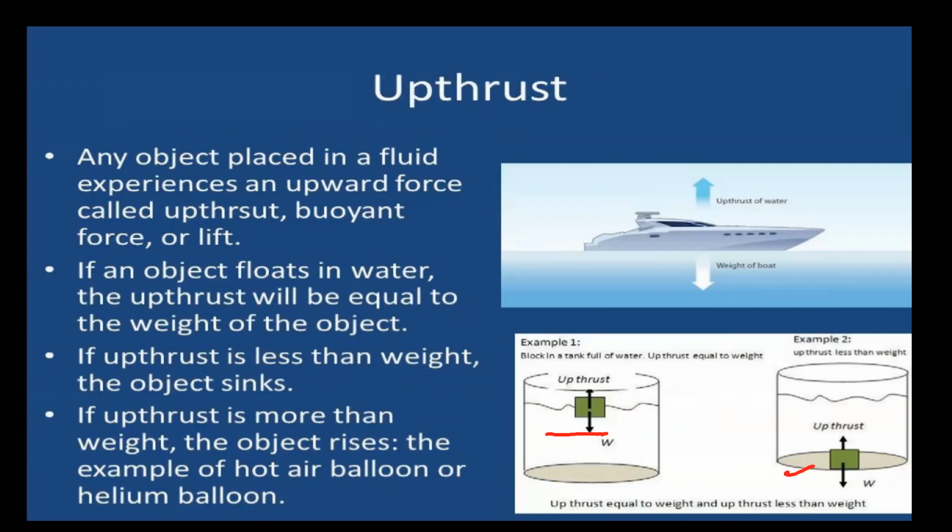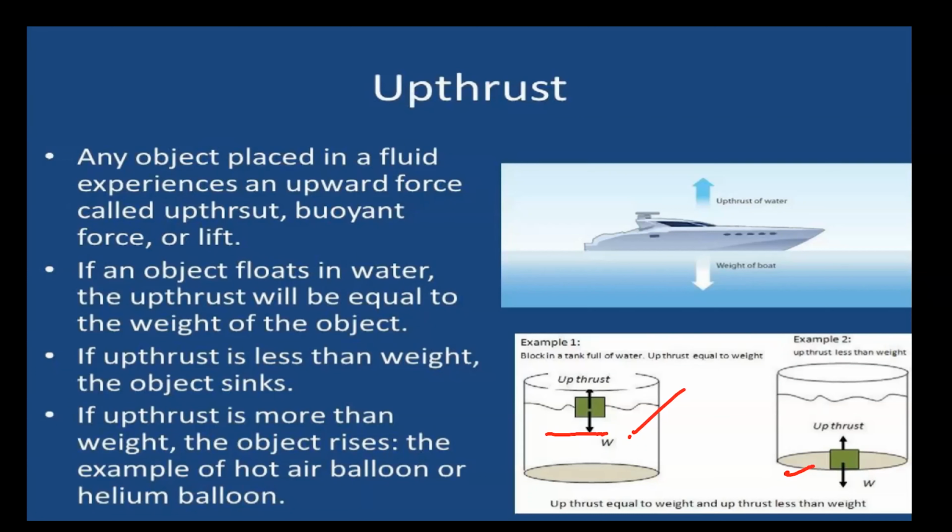What is the condition of weight of a body and upthrust during floating, and what is the condition between upthrust and weight during sinking? Students, in case of floating, upthrust is always equal to the weight of that body, that is the real weight, not the weight inside the liquid, the real weight that we have measured in the air.